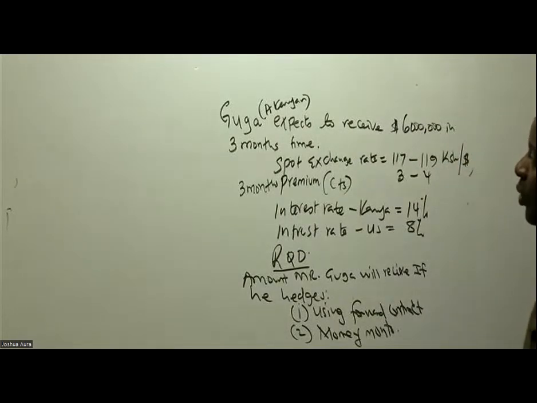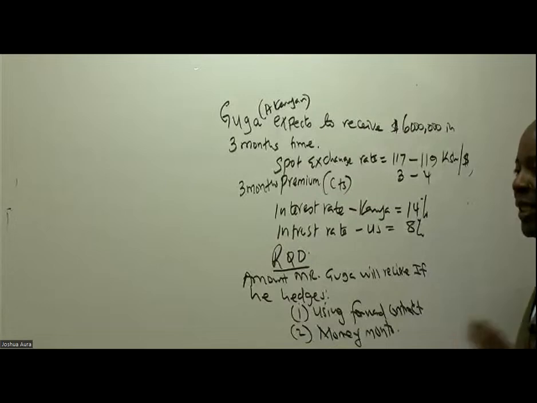We have Mr. Guga, who is a Kenyan, who is expecting to receive some foreign currency in 3 months' time. They have given us the spot exchange rate, 117 to 119 Kenya shillings per dollar. Then they have given us the 3 months premium in cents.